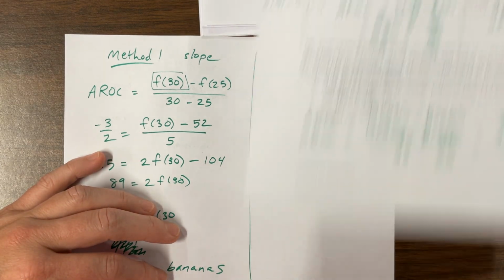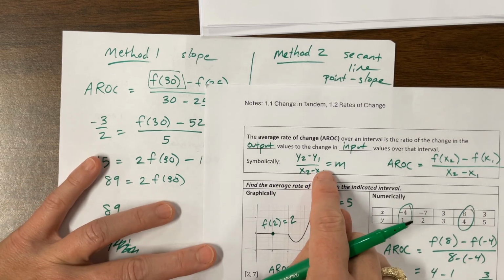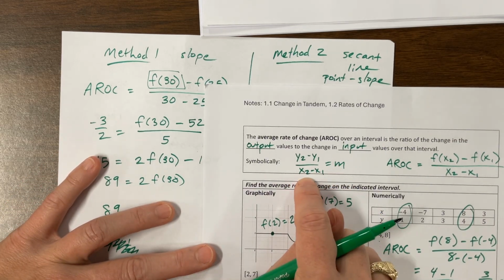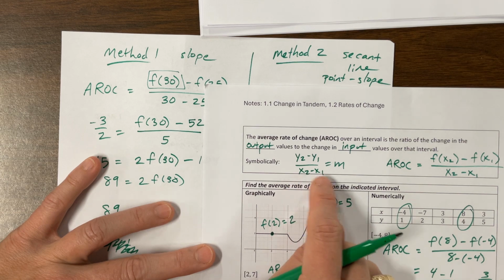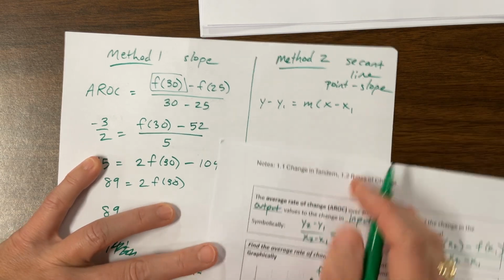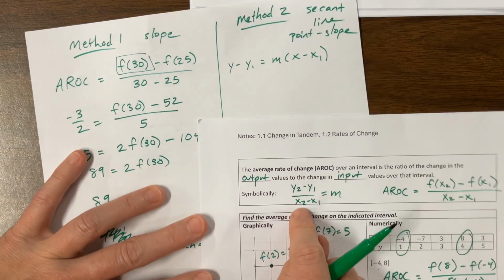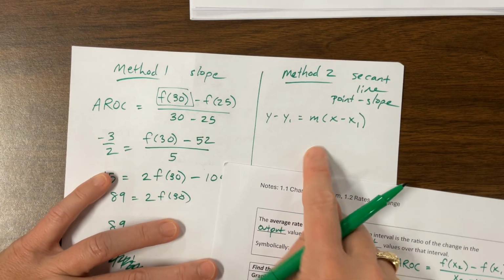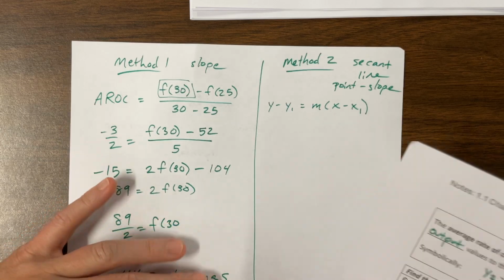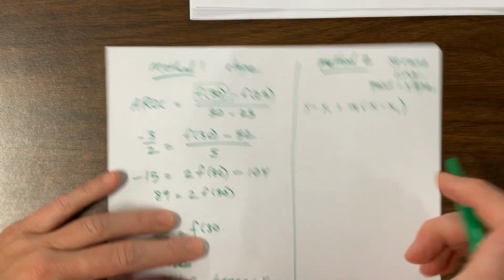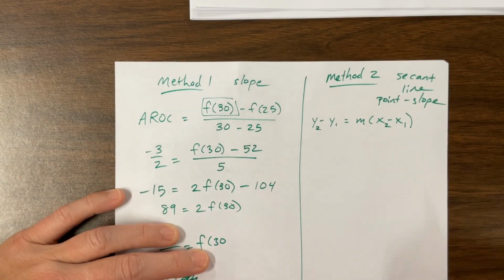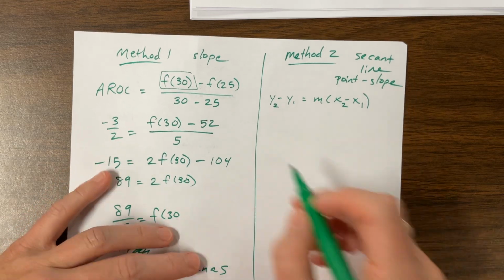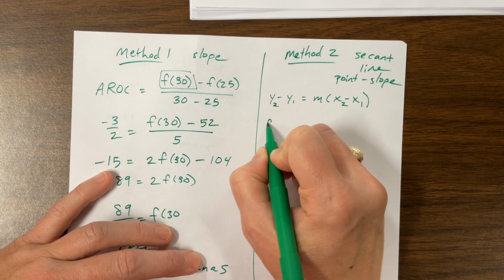You may notice that what I did is I multiplied both sides by x2 minus x1. So I need parentheses. If I manipulate this formula and just multiply both sides by this right here, I end up with that. I could call this y2 and x2 if I feel so inclined. So we can think about this as f of, what did we want?